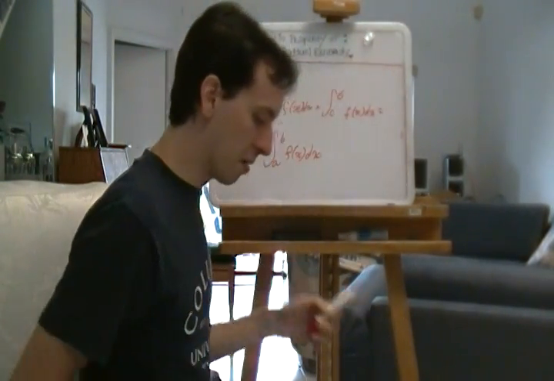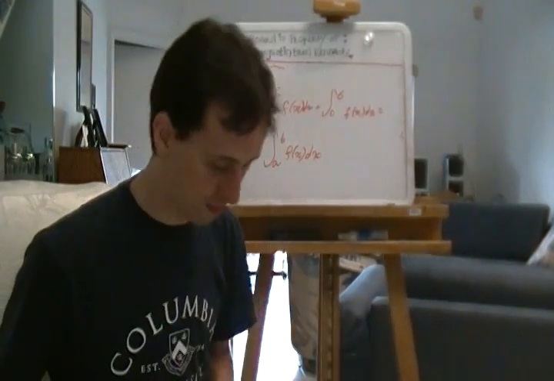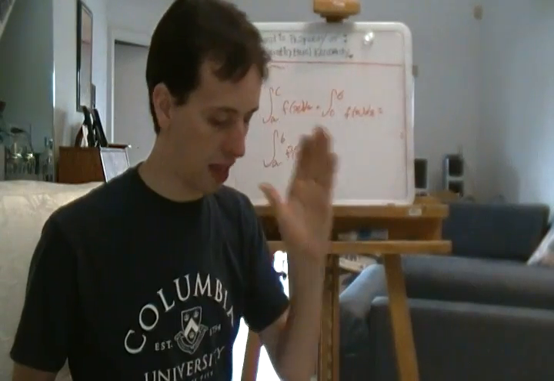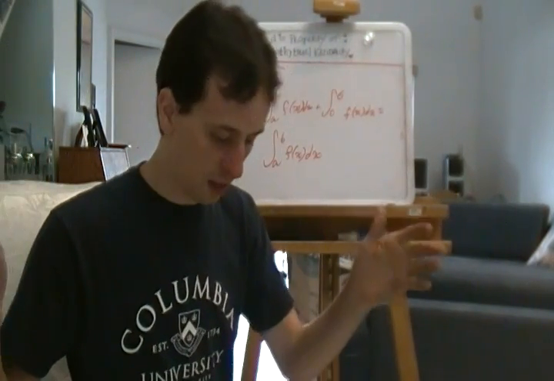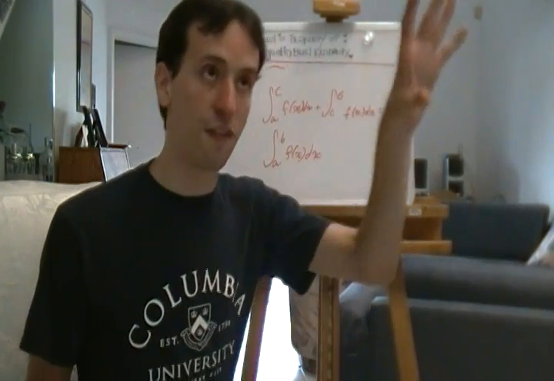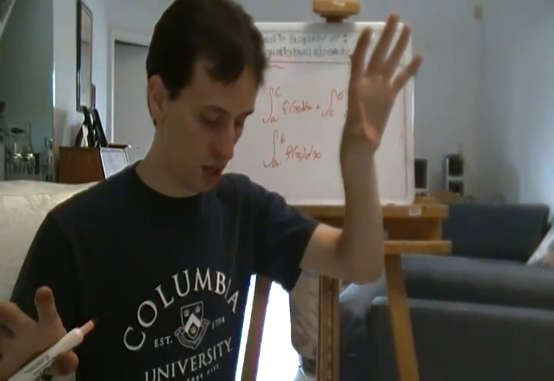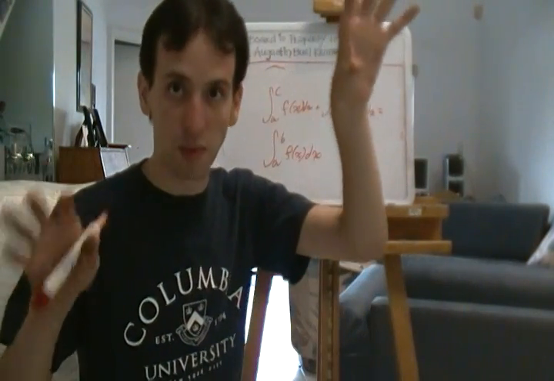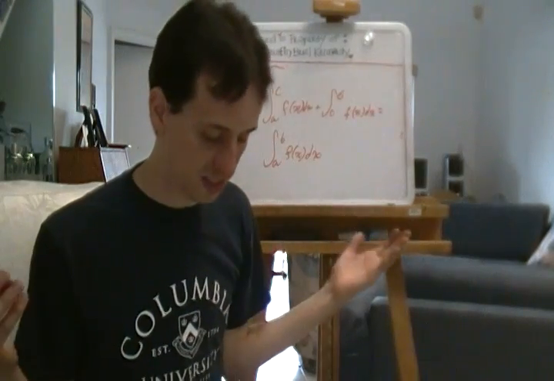Okay. Comparison properties. I'm just going to read them. If f of x is greater than or equal to 0 for x between a and b, then the integral is going to be greater than or equal to 0. If f of x is greater than g of x for x between a and b, then the integral of f of x is going to be bigger than the integral of g of x. Makes sense.